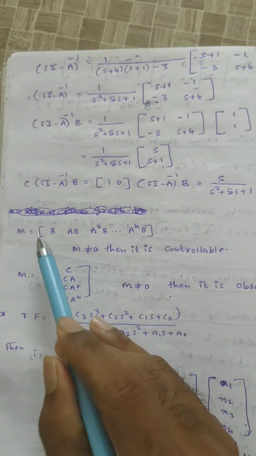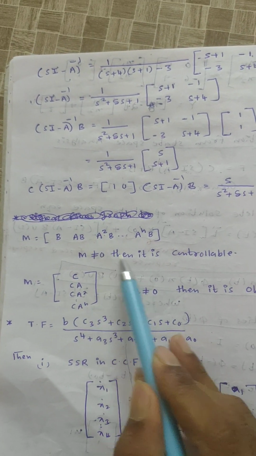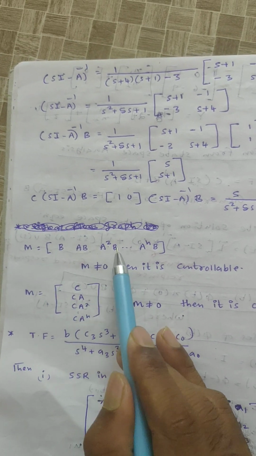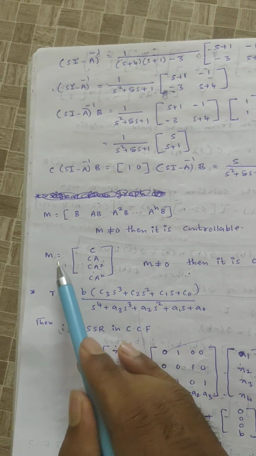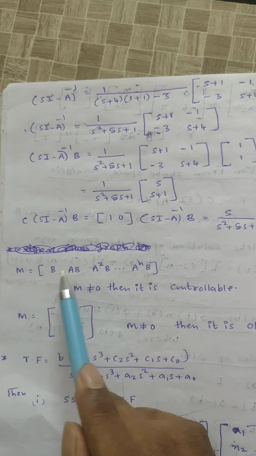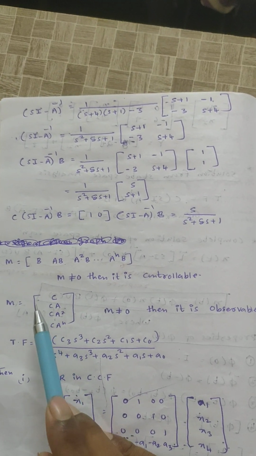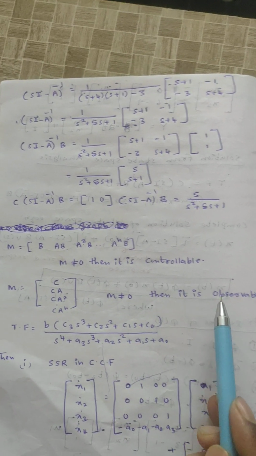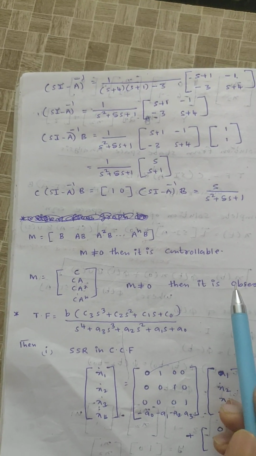Now see here, if the given system is controllable, that determinant M value should not be equal to 0, where M is equal to B, AB, A square B, and so on, up to A power n minus 1 into B. Similarly for observability, for controllability it is a row matrix, for observability it is a column matrix. For observability also this determinant value should not be equal to 0, then only it is observable. Otherwise when M is equal to 0, it is not observable.